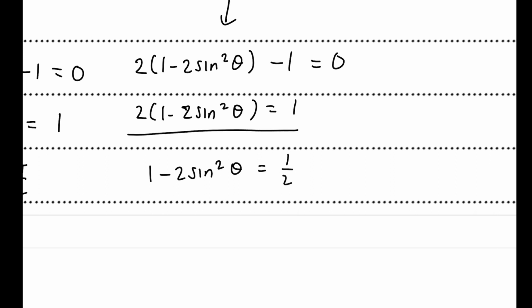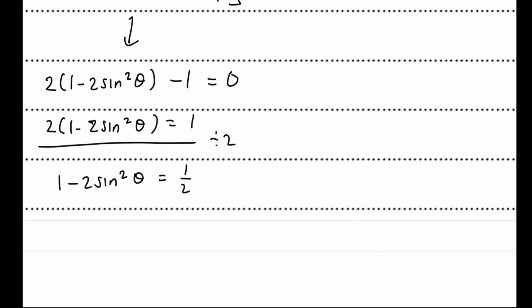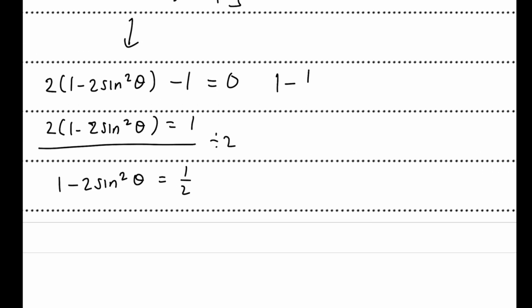We divide both sides by 2. From here, we get 1 minus half equals to 2 sine square theta. So 2 sine square theta equals to half. Sine square theta equals to 1 over 4.